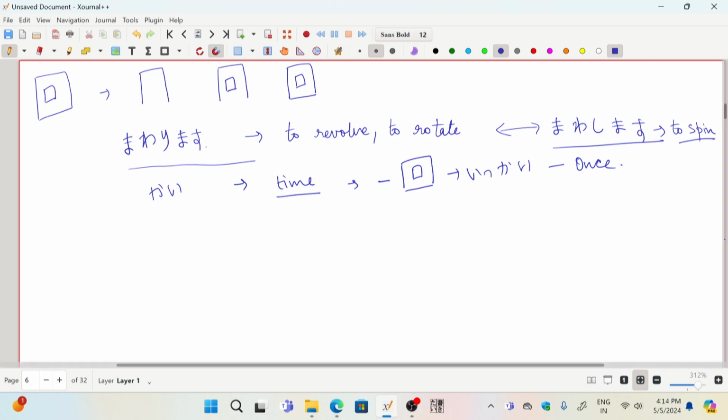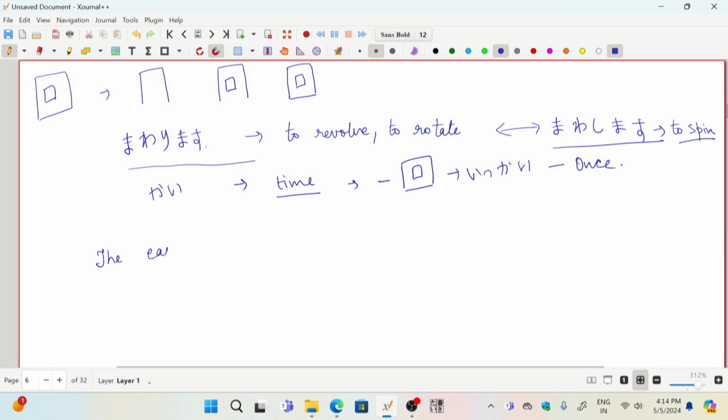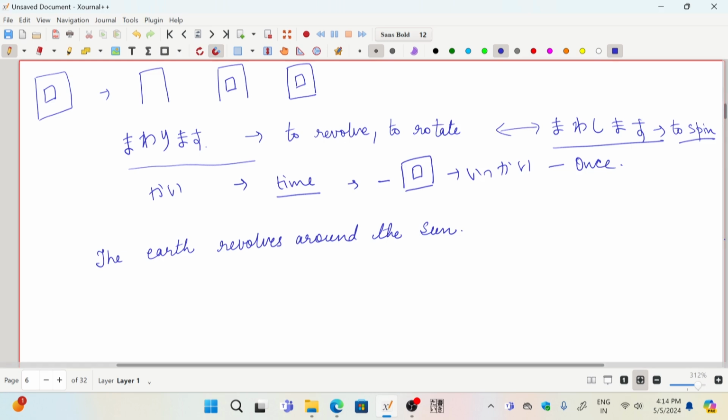Now if we say the earth revolves around the sun, make a sentence. So earth is chikyu. Chikyu wa.